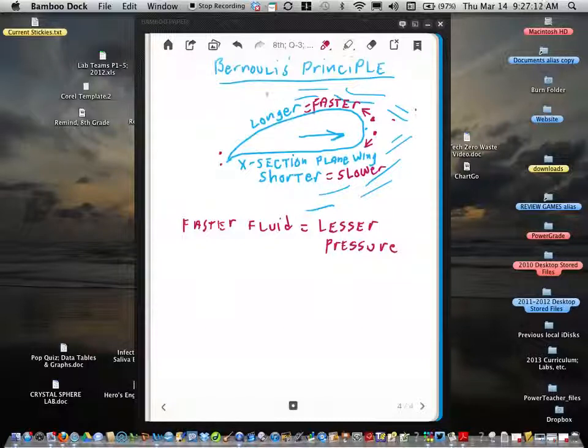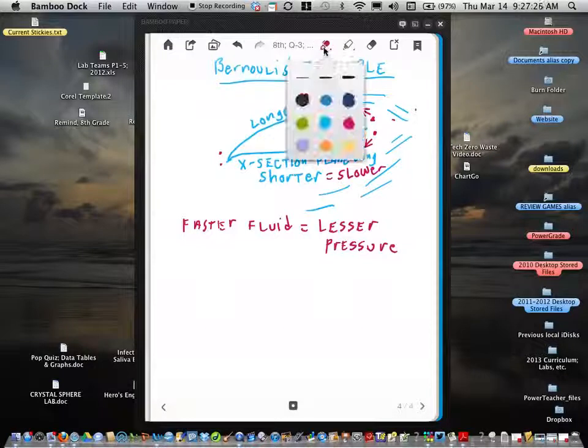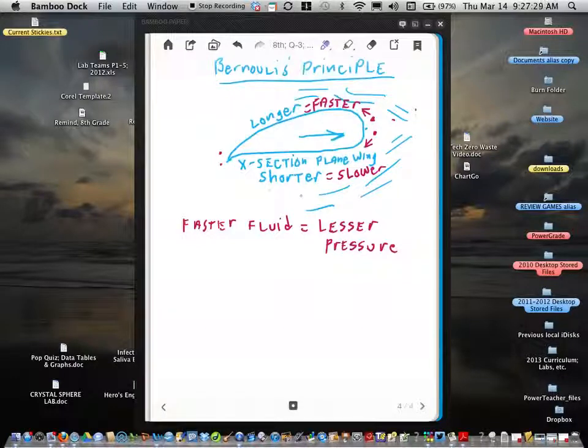So if I were to draw a vector that represented the forces, first of all, let me write in the pressures. Faster means less pressure. So on top is less pressure, and on the bottom is more pressure relative to the top.